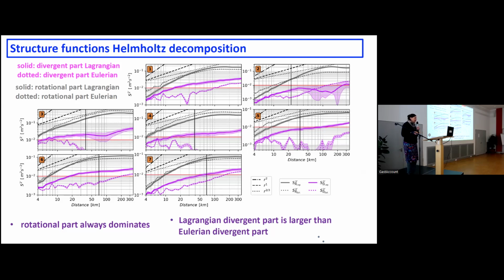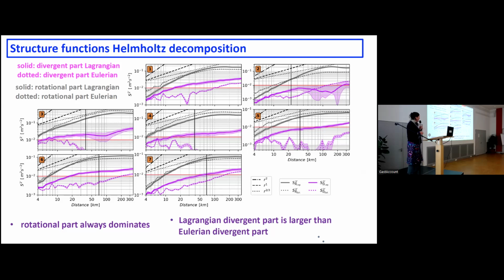This is not unexpected, of course, because Lagrangian particles tend to get trapped in small scale as well as large scale structures. So the divergent part dominates at all scales for the Lagrangian structures. What happens, for instance, here in the Gulf Stream is that they get trapped by the large scale Gulf Stream.